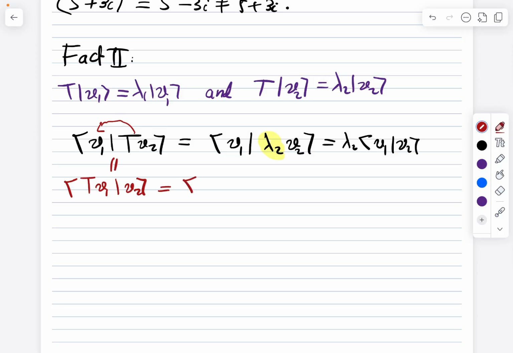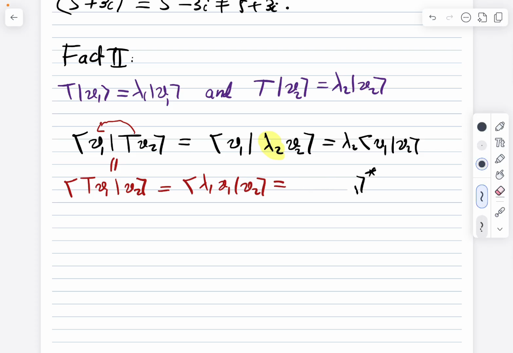So if we expand, I will get lambda 1 V1 V2, which, again using the property of the inner product, let me make it red, I can flip, taking the conjugate.